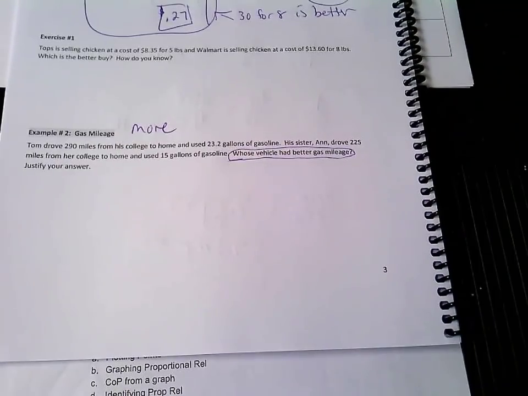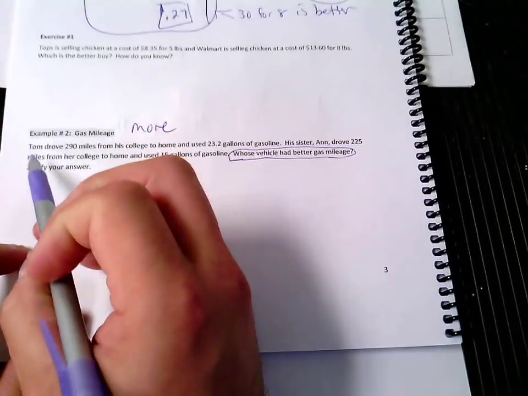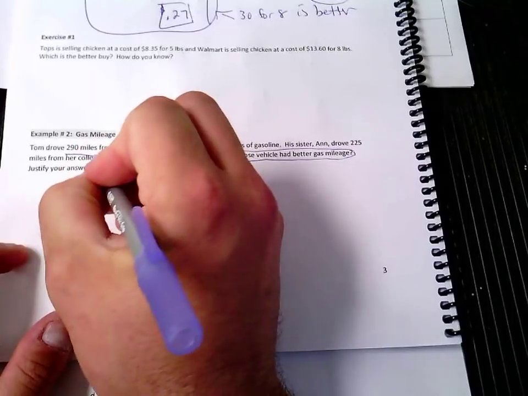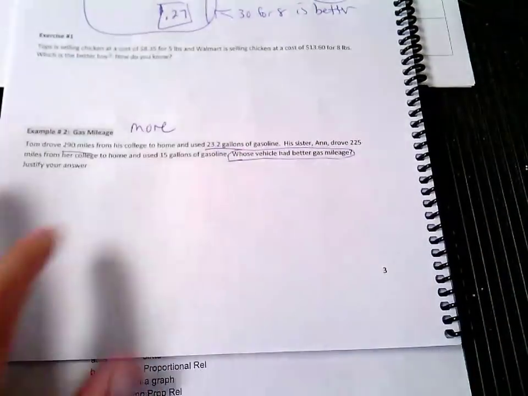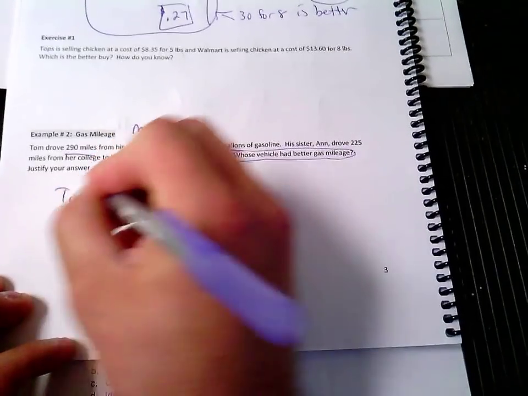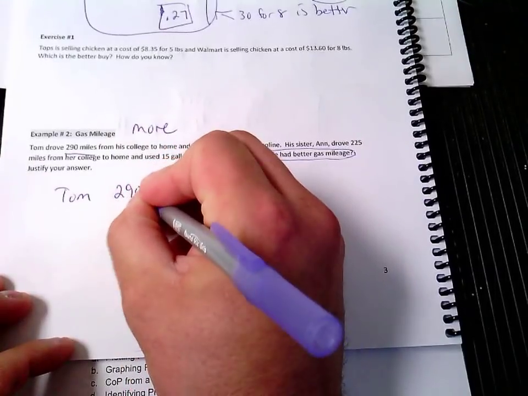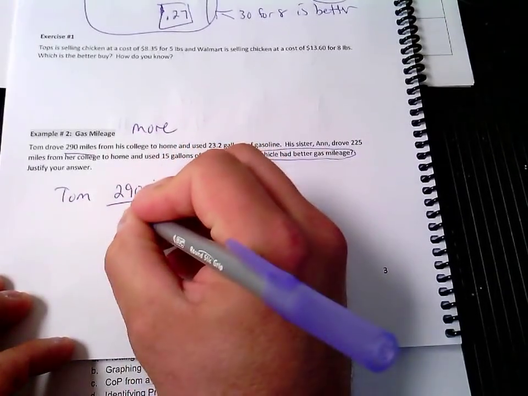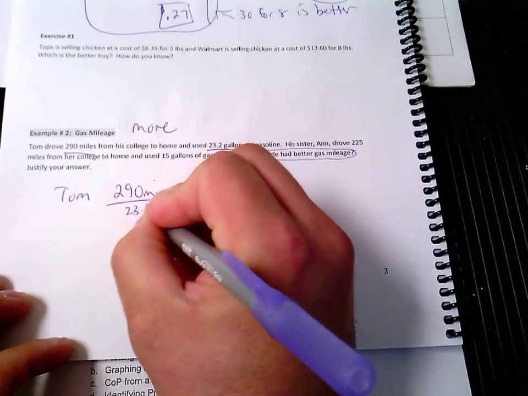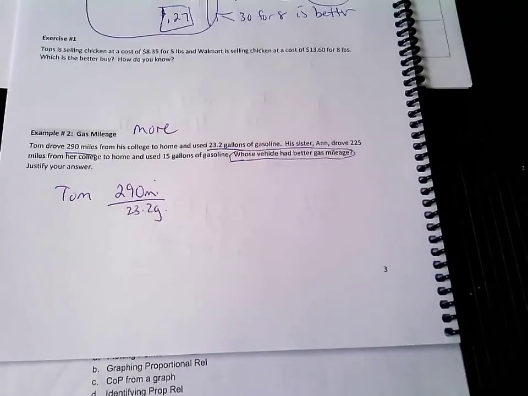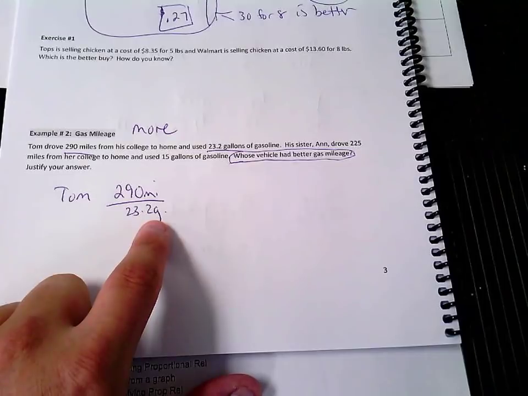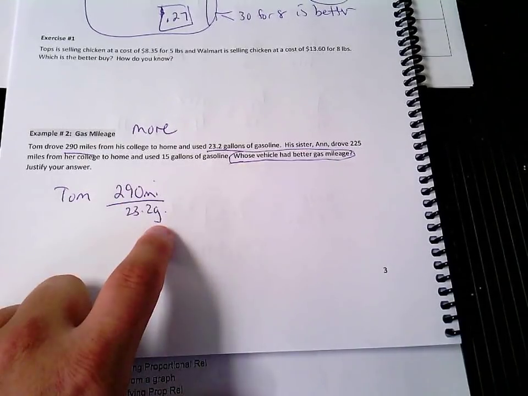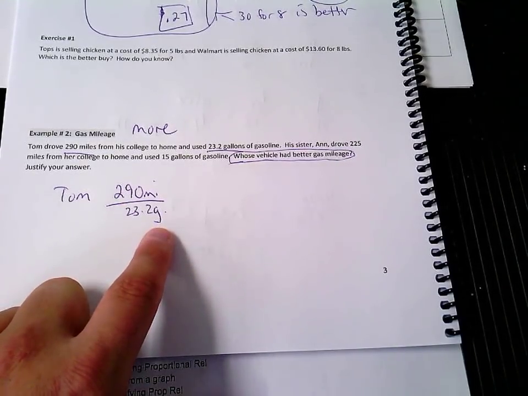As I reread and do my annotating here, I've got Tom, who drove 290 miles on 23.2 gallons of gas. Notice I underlined those. This is called annotating. So Tom, 290 miles for 23.2 gallons. Generally speaking, in this case, we want miles per gallon, because we want to know how many miles we can get for a gallon of gas, since that's how you buy gas, by the gallon.